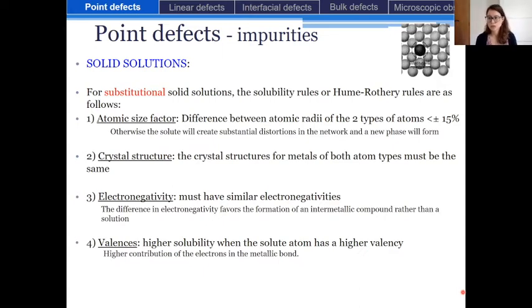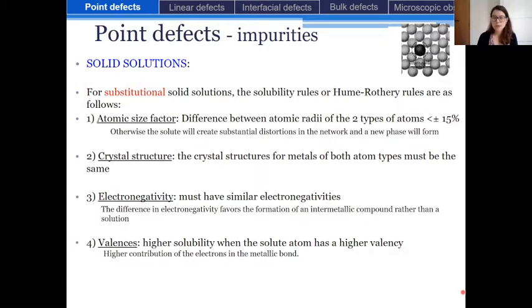The first one deals with the atomic size factor. The difference between the atomic radii of the two types of atoms, solute and solvent, should be lower than 15%. Otherwise, the solute will create substantial distortions in the network and a new phase will be formed.